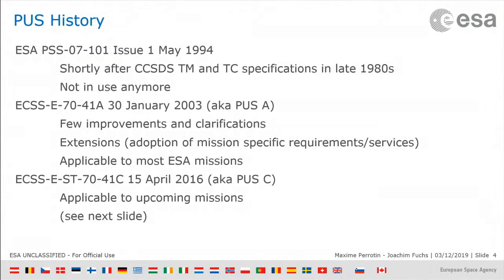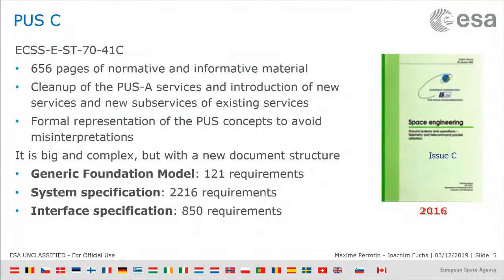In 2016, we had an update. This update was very fundamental. It's not only that it improved, removed some errors, removed some services, introduced some new services, but it also changed the structure of the document.